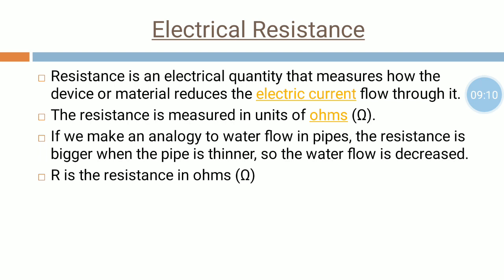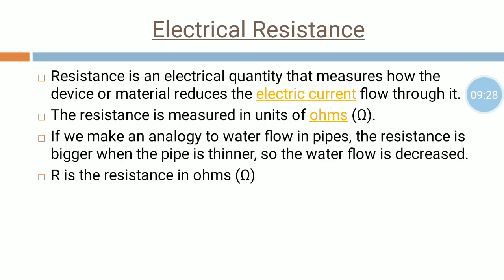The same function is performed in an electric circuit. There will be a device which resists the flow of electric current. It is made of less conductive materials, it can be semiconductor materials.